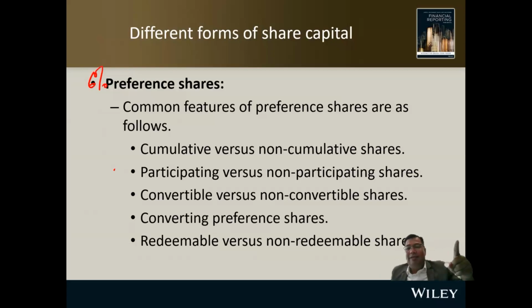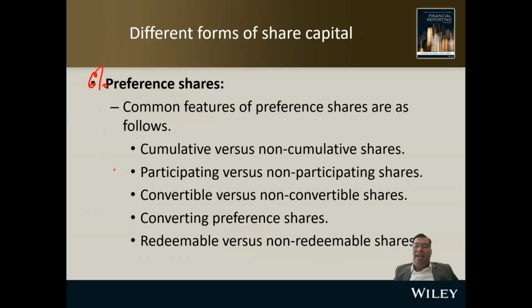The 6% refers to the annual dividend that the preference shareholders will receive. So if you have 10,000, you are going to receive 600 annually.